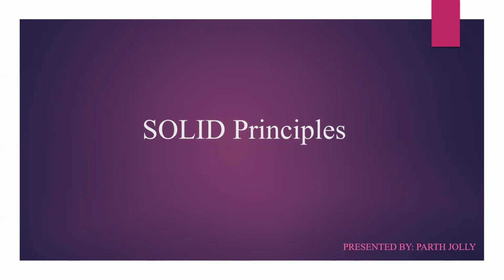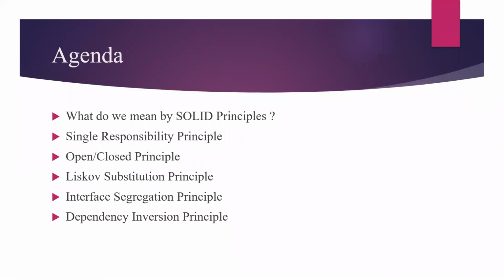So this video tutorial will talk about SOLID principles in .NET. So let's begin. The agenda would be, we would start by looking at what we mean by these SOLID principles. SOLID principles, basically, these are 5 principles, and we'll see each one of them one by one.